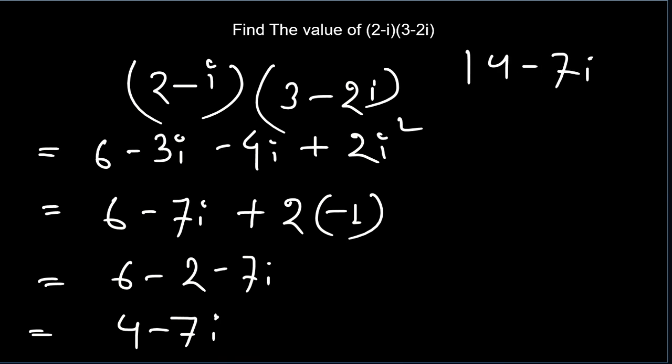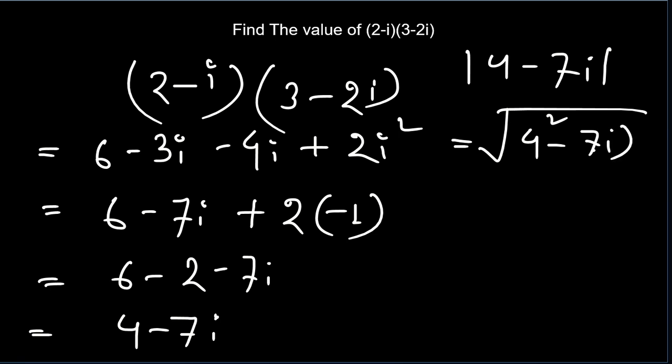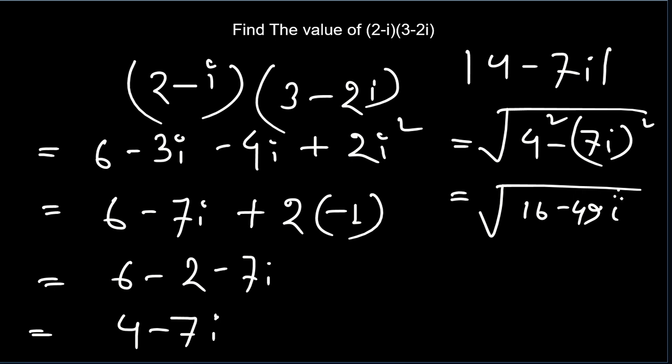The modulus of 4 minus 7i equals root over 4 squared plus 7i squared. It's 16, and here 49 i squared.